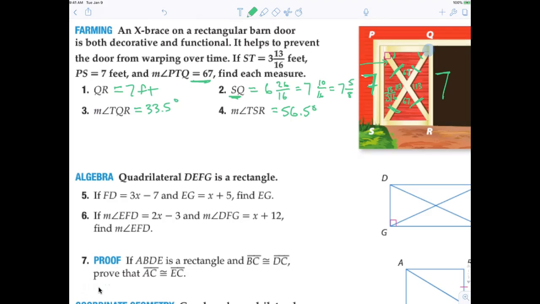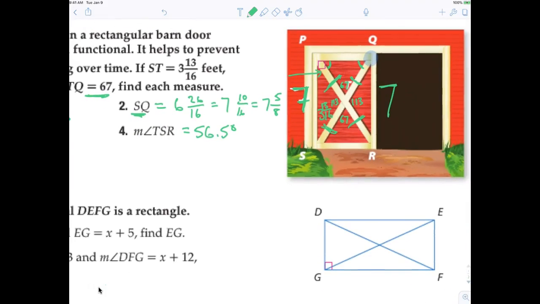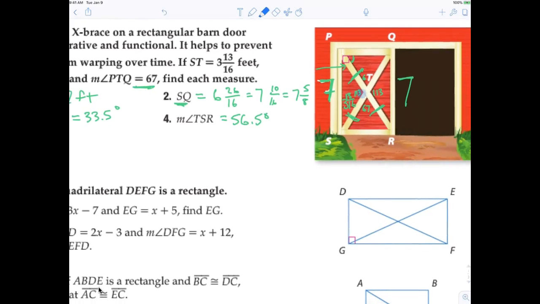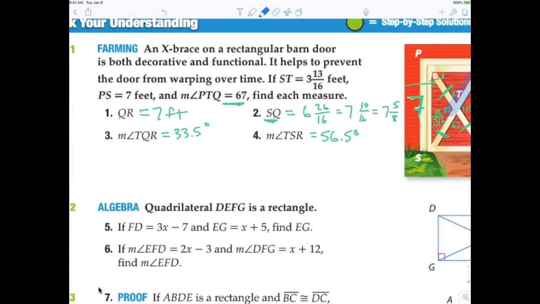Okay, so here is the angle that we're looking for. Let me get rid of this. TQR is this guy right here. I'm looking for this angle, right? Did you know how to do TQR? I did. So that's easy for you then.